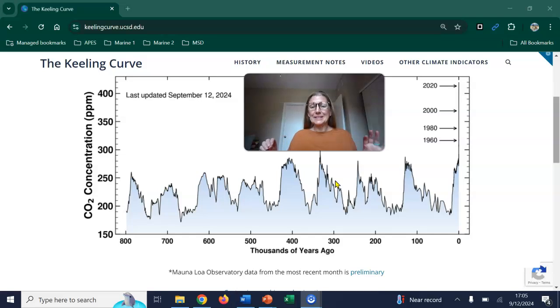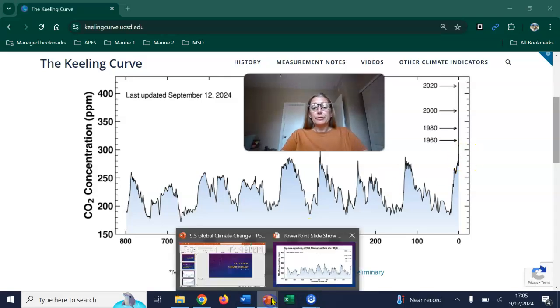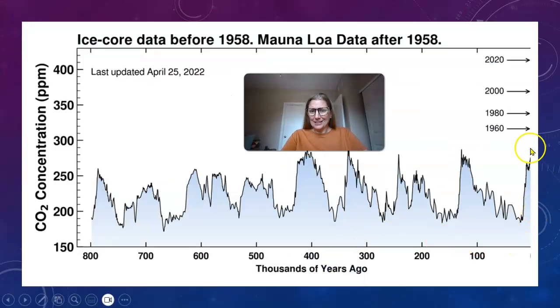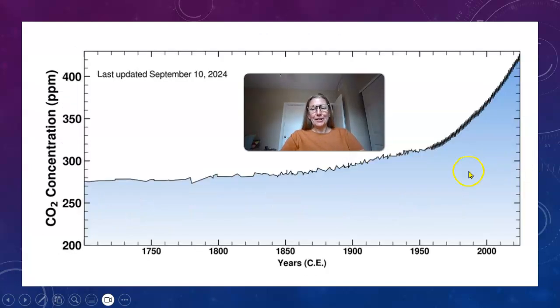But what we want to focus on is that very short time frame down over here in present day, where CO2 concentrations are now at points that we have never seen before. So I just wanted you to see that. Yeah, definitely cut off here. Wanted you to see that on this particular graph.